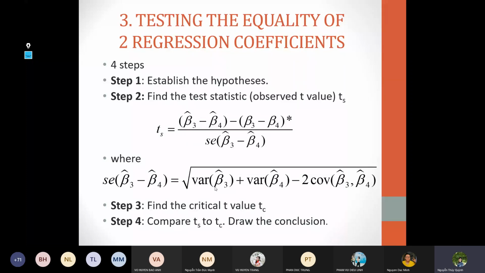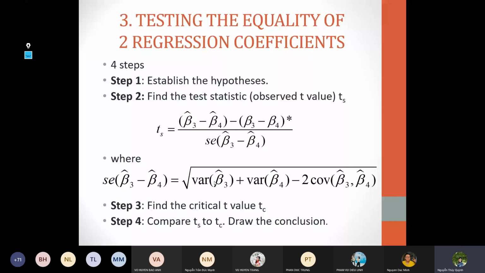In the estimation output? So in the estimation output, we have the standard error. To get the variance of beta 3 hat, you just have to take the square of the standard error.